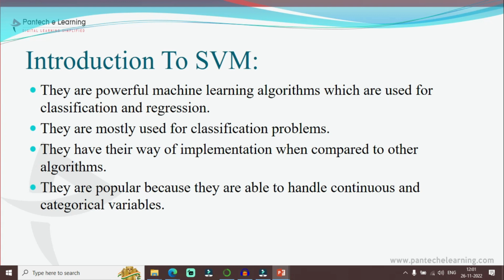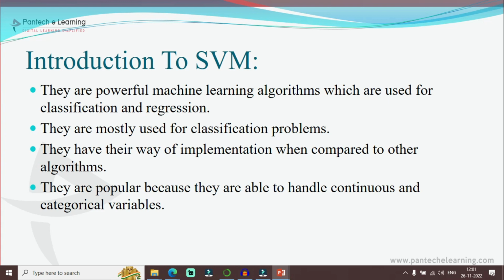They have their own way of implementation when compared to other algorithms. Each and every type of algorithm has its own unique way of implementation. Whenever I go for SVM or some other type, I have different types of machine learning models. I can go for decision tree algorithms, random forest algorithms.